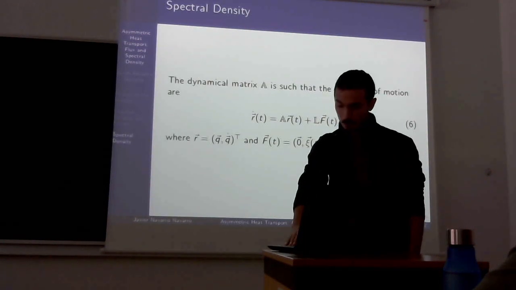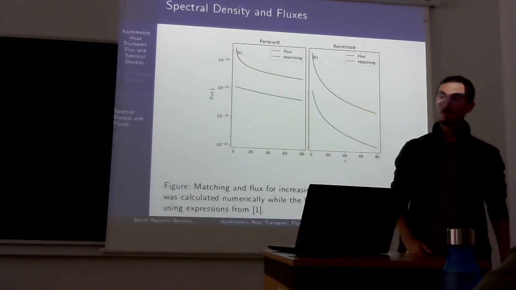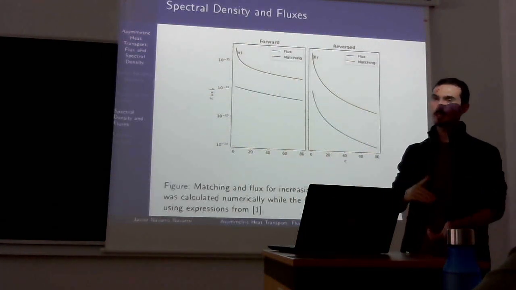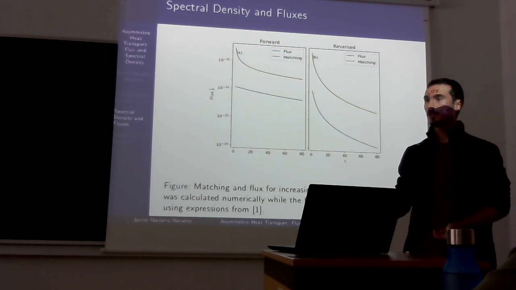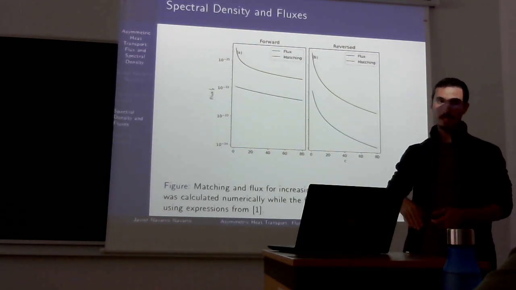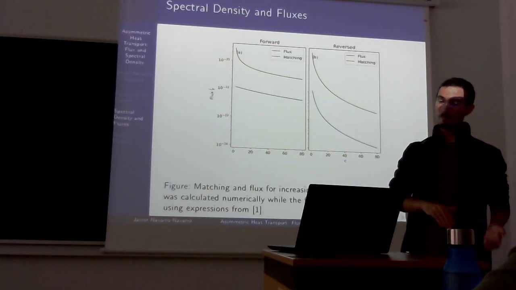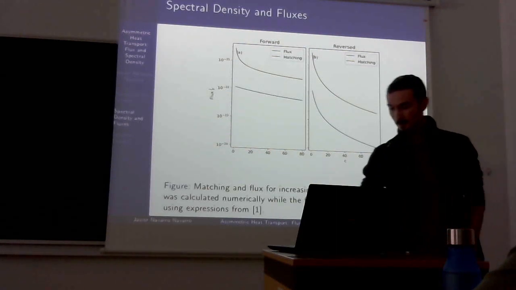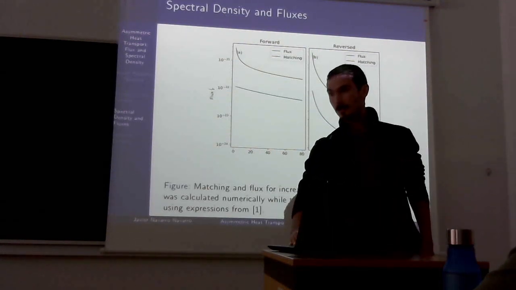So what we would like to say is, okay, now we are not going to look at the thermal current, we are going to look at the matching. And to design a heat rectifier, we need a device that goes from matching to no matching. Maybe this is easier to do.